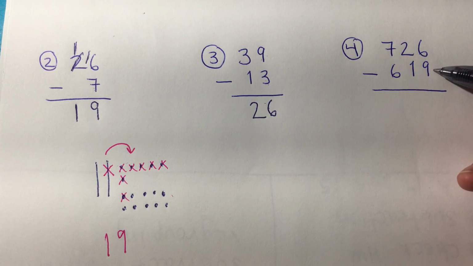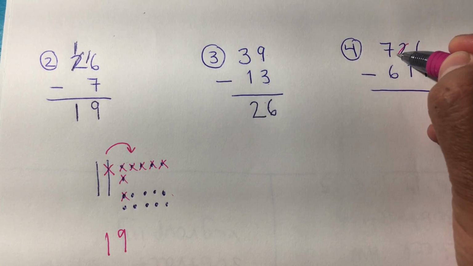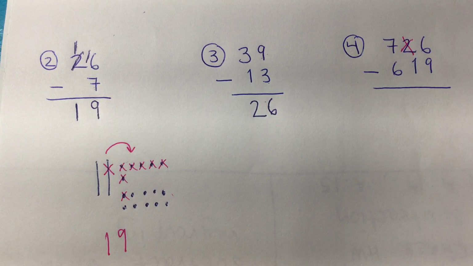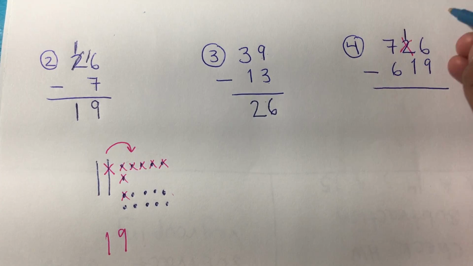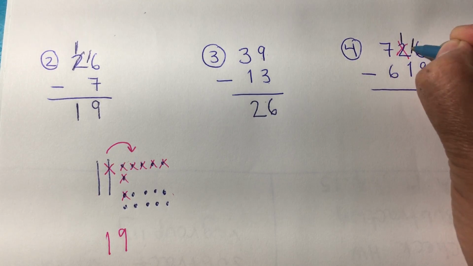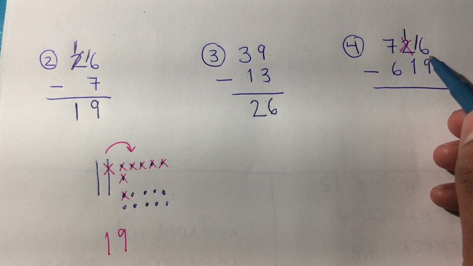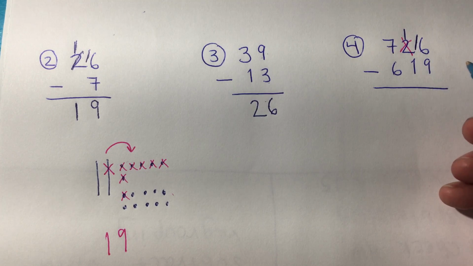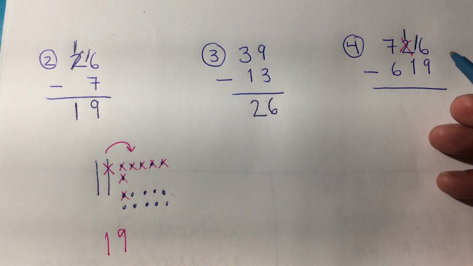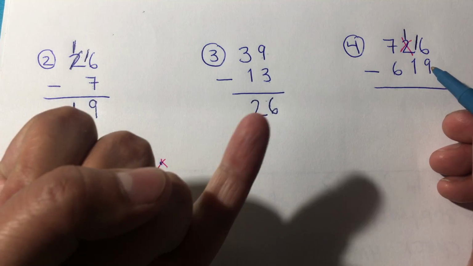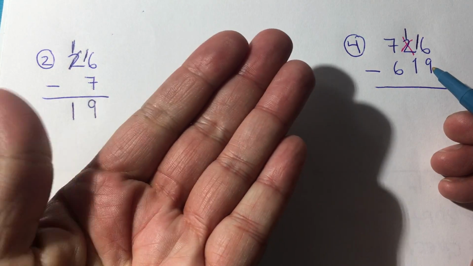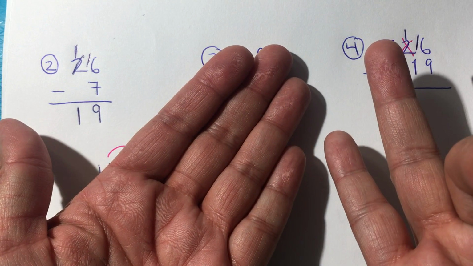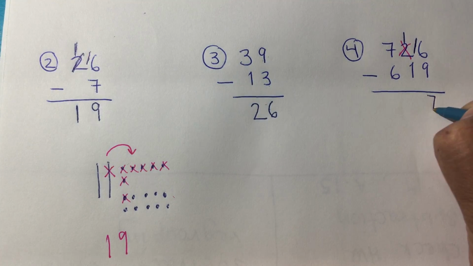6 take away 9. The 6 is smaller, so I'm going to cross this one out. I have 1 left, and that becomes 10 in the ones, so that's why I have 16 ones now. So 16 take away 9. Counting up from 9, 10, 11, 12, 13, 14, 15, 16, that's 7 right here.